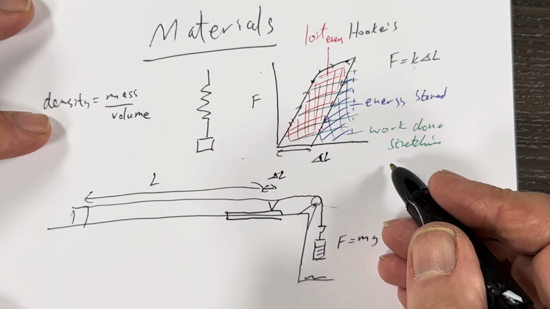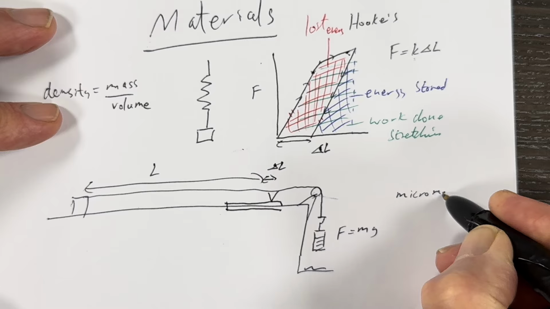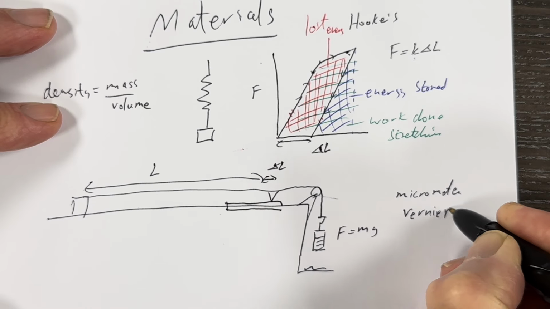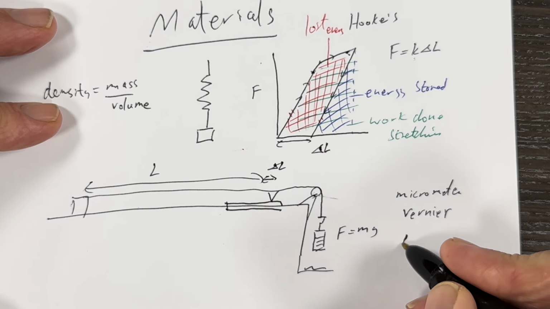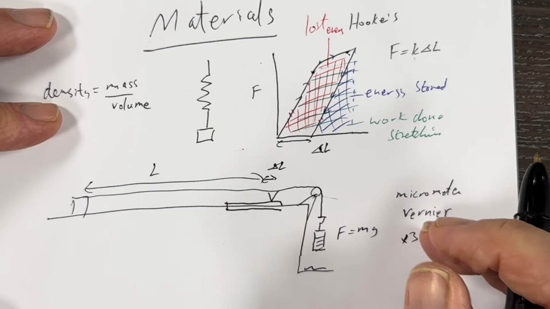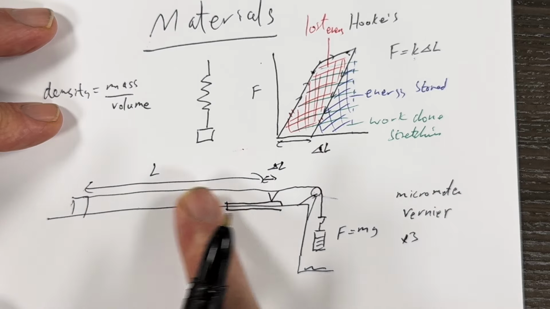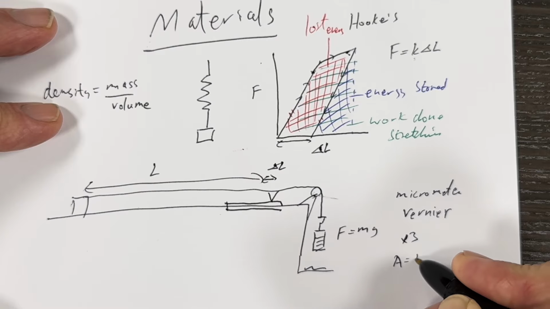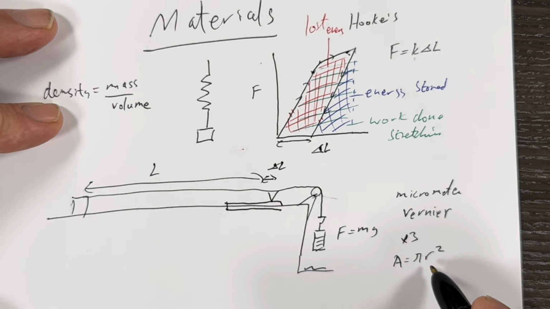And then we'd need to use either a micrometer or a vernier, I think in this case a micrometer, to measure the diameter of the wire in 3 places. So we can take an average of the diameter in case the wire is not uniform either along its length or in being circular. And then the area of the wire would be pi r squared, remembering that we found the diameter, so we've got to halve it, and r would need to be in meters.